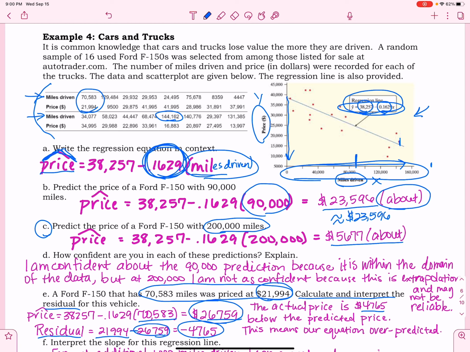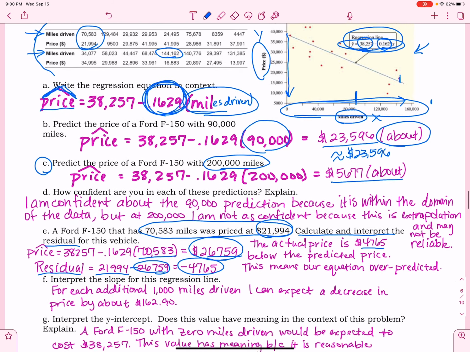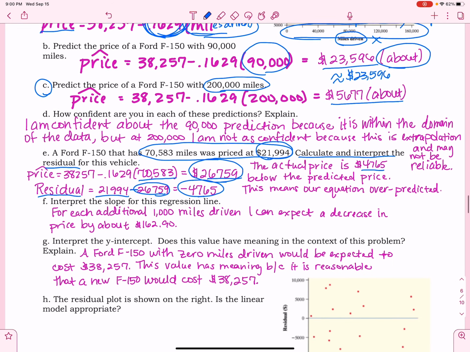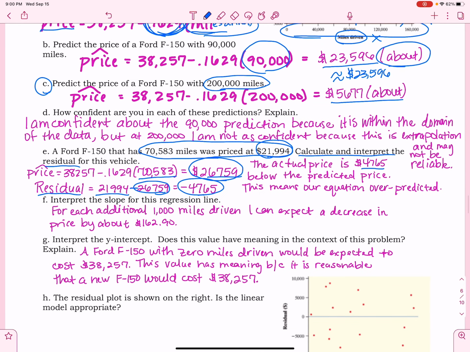So in order to make this a little bit easier to understand and help it make more sense, rather than talking about 1 unit of miles driven, I'm going to talk about it in 1,000. And that just means that that decimal of 0.1629 will now change to 162.9, which $162 makes a little bit more sense to us. So for each additional 1,000 miles driven, I can expect a decrease in price by about $162.90.